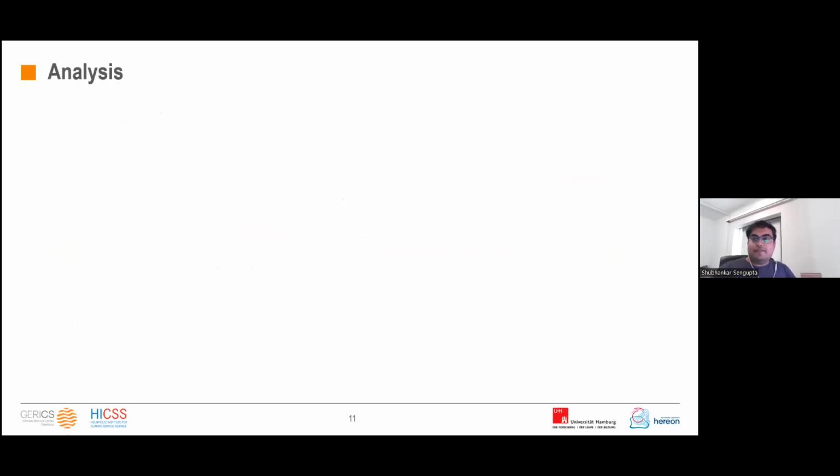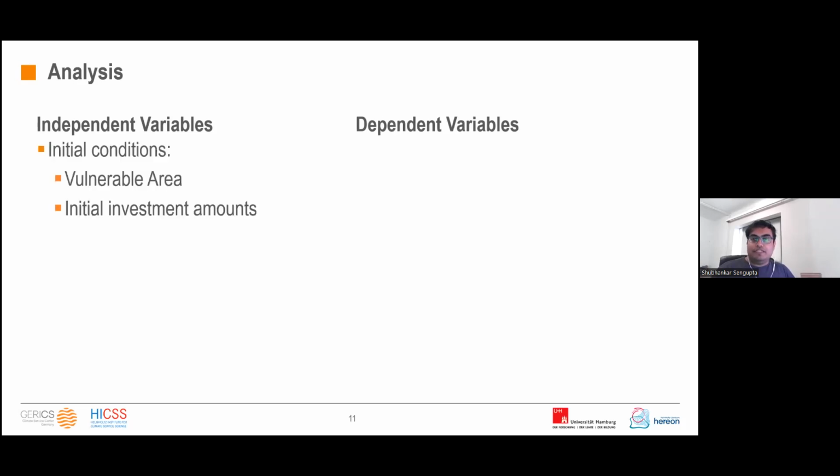So for the analysis of the model, we divide the system state and agent variables into independent and dependent variables. The independent ones set the initial condition for the simulation, like the amount of coastal territory or the starting pattern of agent investment. They can also include parameters that are outside of the agent's control, like the efficiency of investments in both pathways, or how sea level evolves over the course of the simulation.